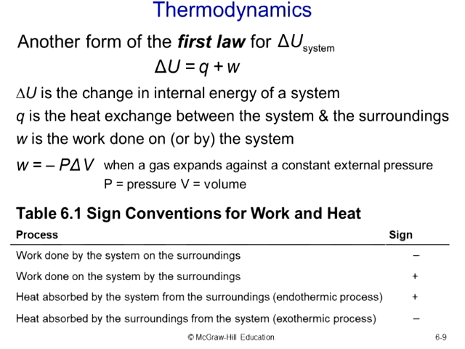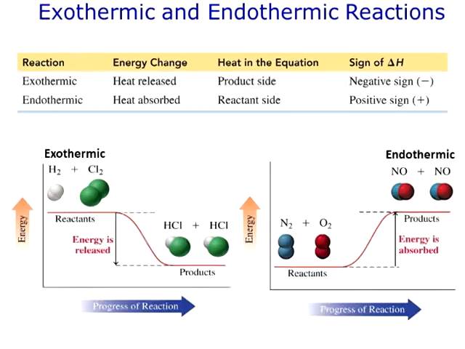Those thermodynamic values are reported as either negative or positive values. If work is done by the system on the surroundings, it is negative. If work is done on the system by the surroundings, it is positive.